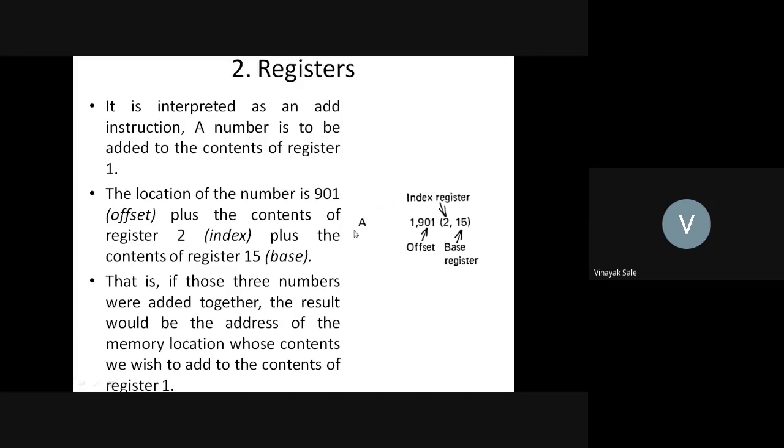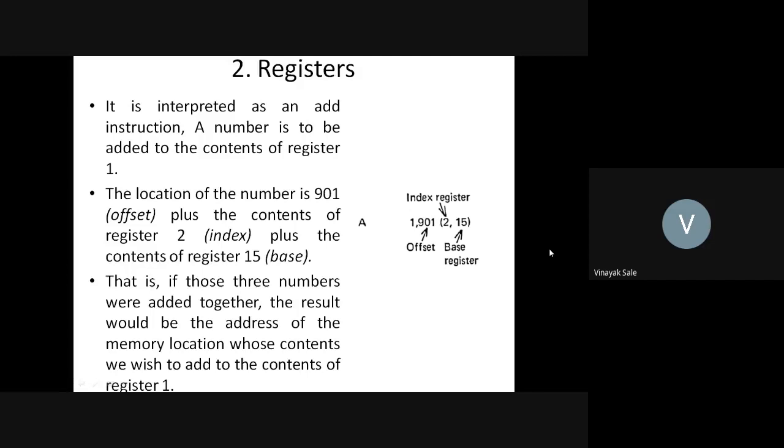Memory location of a particular number which is stored at a particular register, it is the combination of offset, index register and base register. Base register, index register आणि offset या तिघांचा जो नंबर असणार आहे या नंबरची जी बेरीज येणार आहे सम, ही सम त्या पर्टिक्युलर नंबरचा मेमरी ऍड्रेस असणार आहे.